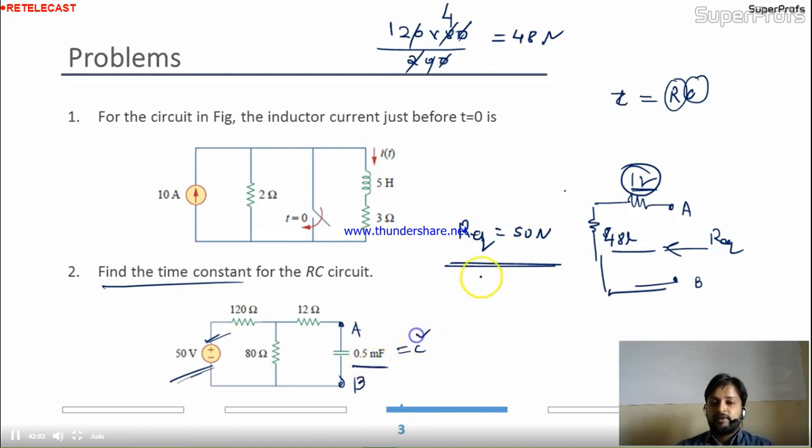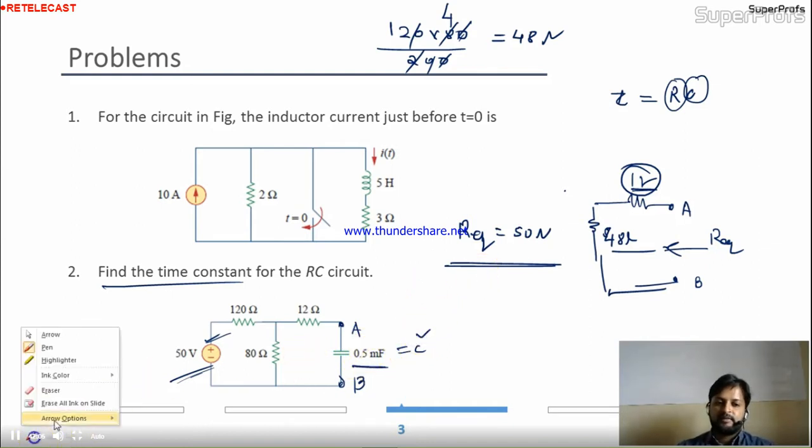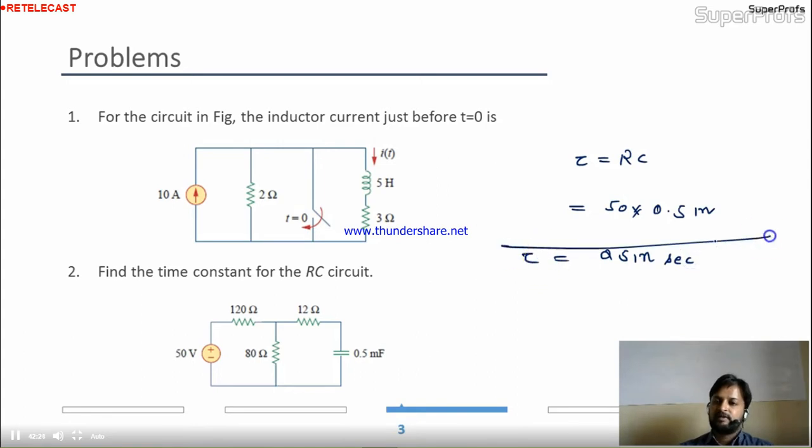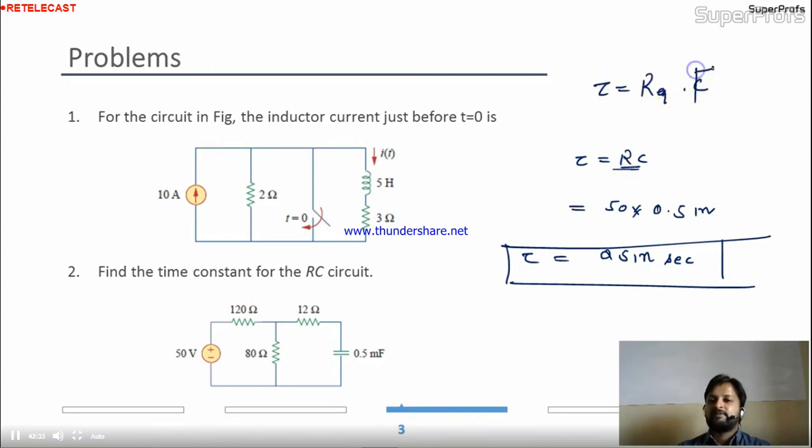So once you get the value of 50, now you can get the time constant. Okay. The time constant tau is nothing but RC. What is R? R is 50 and C is 0.5 milli. Okay, so this is 25 millisecond. This is nothing but the time constant. Remember, while calculating the time constant, tau is nothing but R equivalent into C. C is given to you already, but you have to calculate R equivalent.